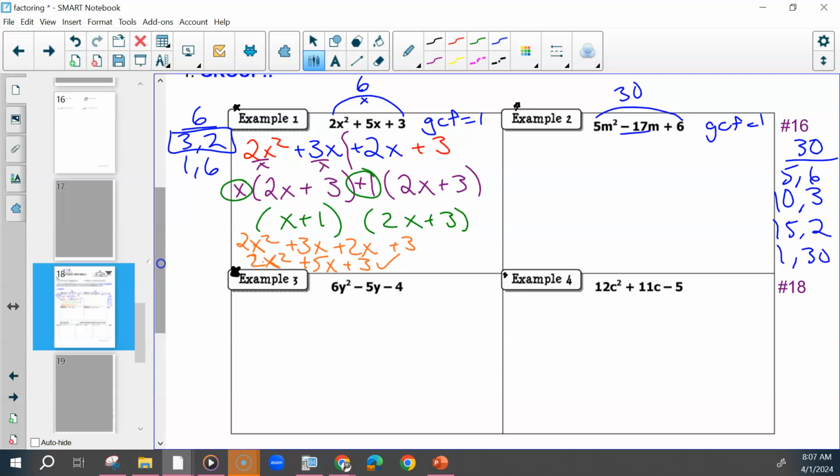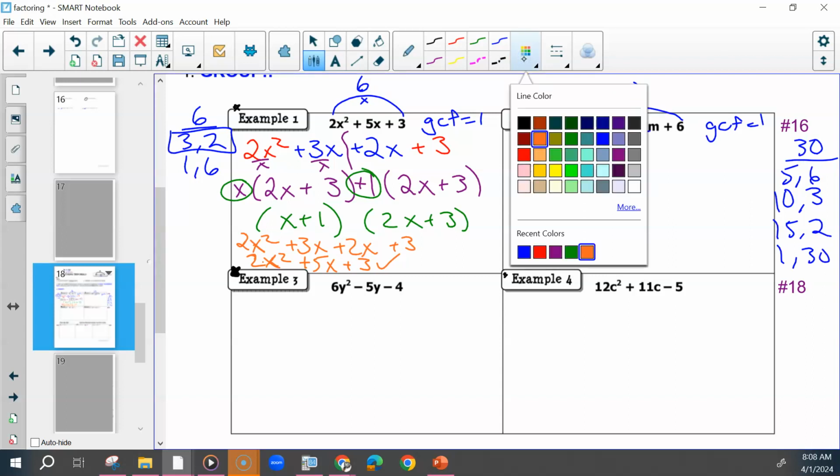Okay, so of those, which ones could we multiply together to get positive 30, but add or subtract together to get negative 17? How could we make it negative 17? Yes, then we both need to be negative.